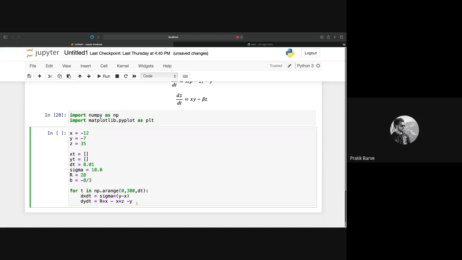Yeah, and then we have dz dt, which is x into y minus beta into z. Oh, sorry. X into y minus b into z.